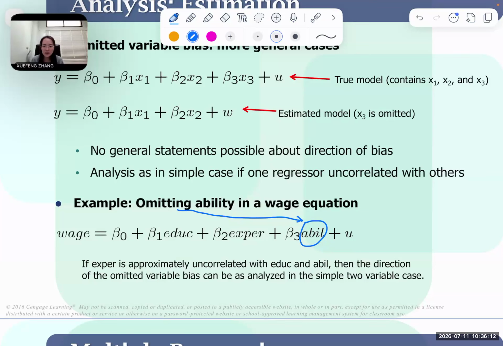Normally, this is messy with 3 x's. But if experience is roughly uncorrelated with education and ability, we can ignore experience for this purpose and analyze education's bias exactly like before. Just check the correlation between education and ability, same as the simple case.